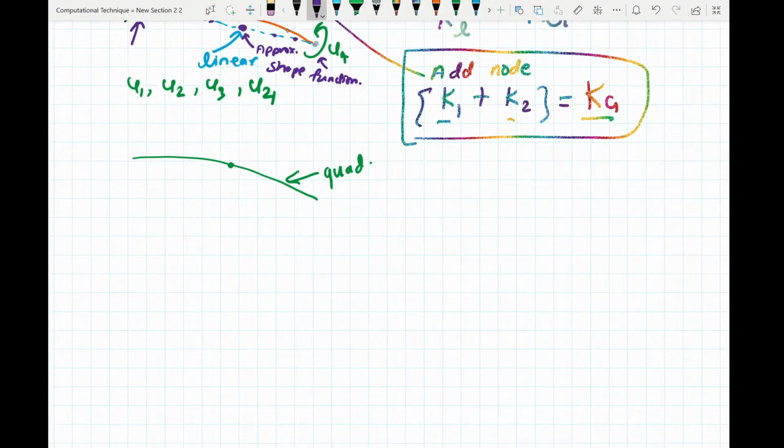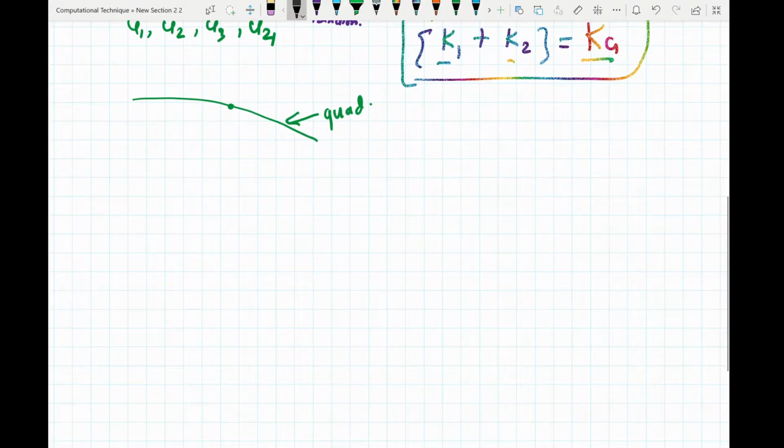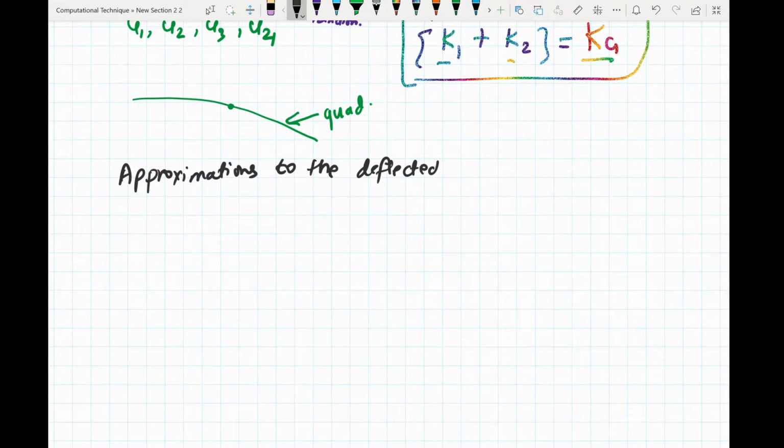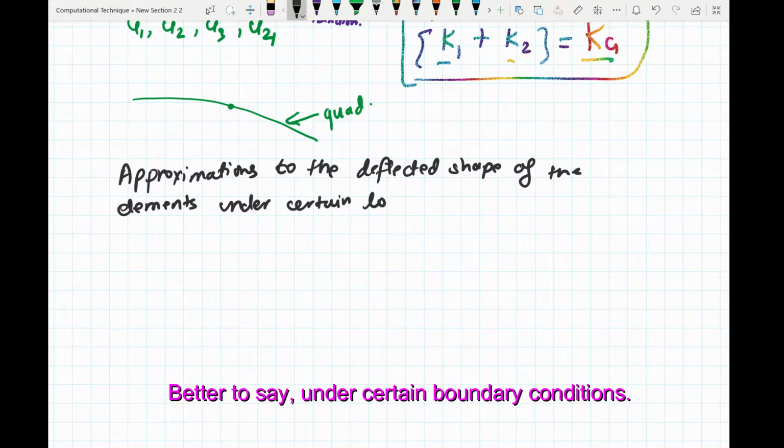Therefore, shape functions are the approximations to the deflected shape of the elements under certain loading condition.